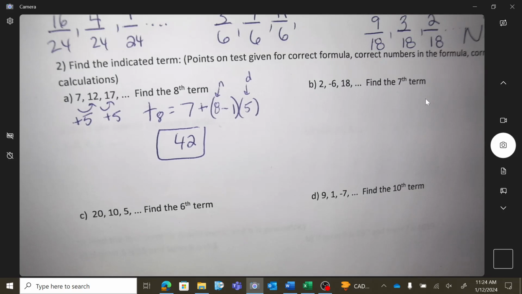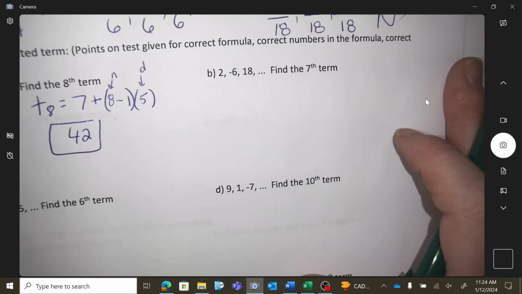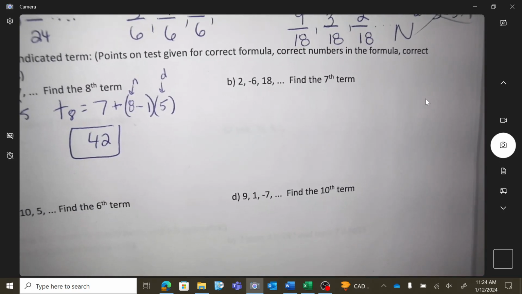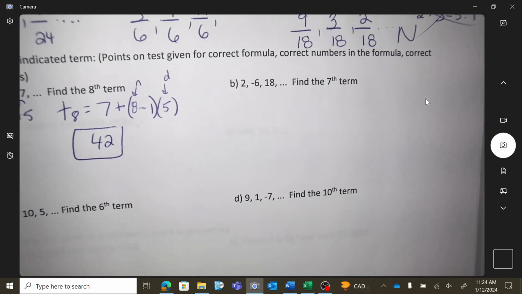Okay, typing is important on your calculator. Are we good with that question? 42? Everybody typed it in nicely?